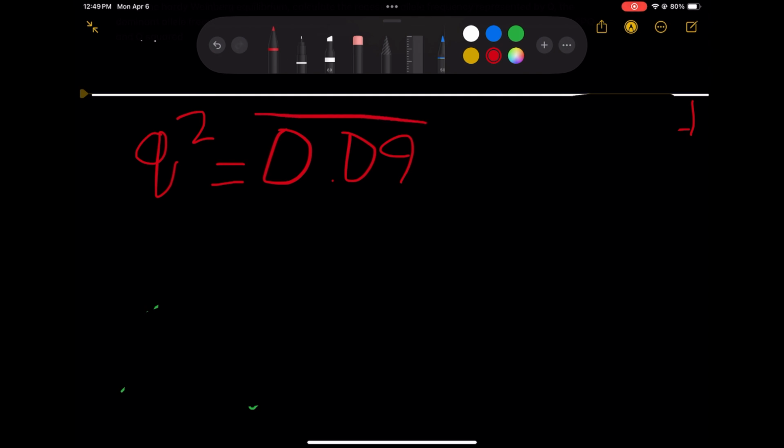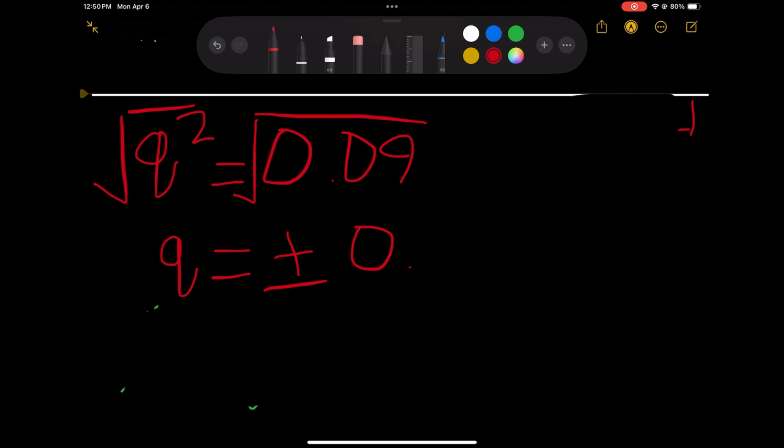But the thing is that q can only equal positive 0.3, not negative 0.3, because it's not possible for allele frequencies or probabilities to be negative. Think of spinning a wheel or roulette. There's no way you're going to have a negative 25% chance of winning a prize, right? It's definitely positive 25%.